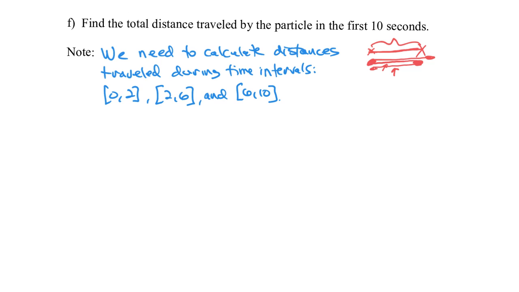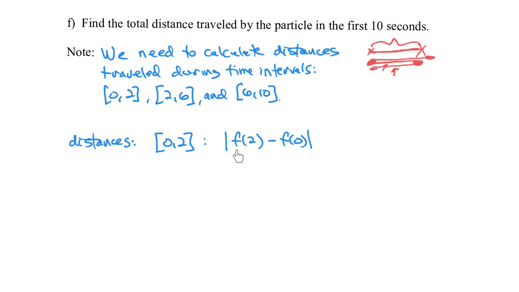To find these distances, let's go from, say, 0 to 2. For this one, we need to figure out the magnitude of f of 2 minus f of 0. I'm using absolute value because we want distance.